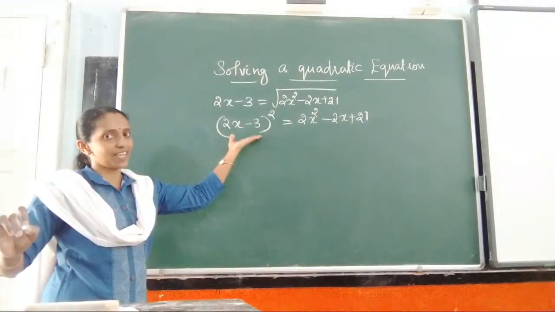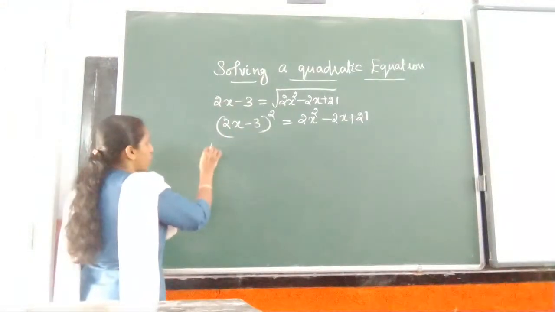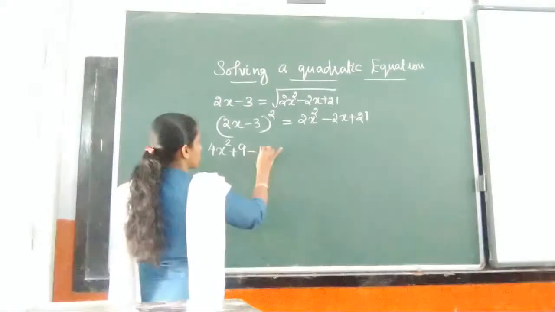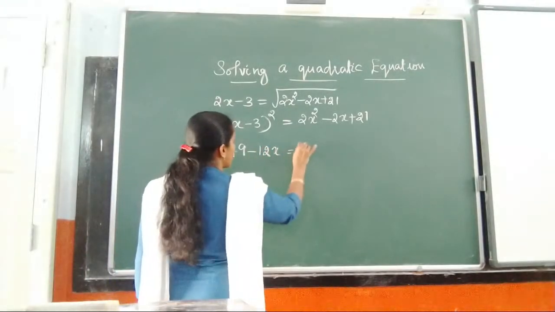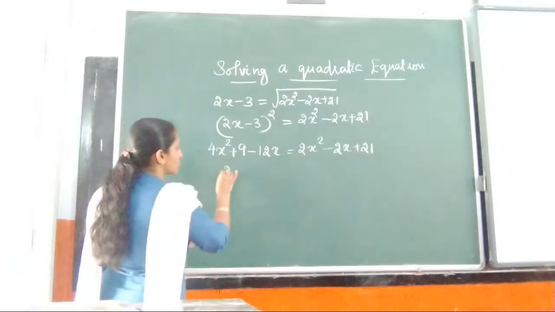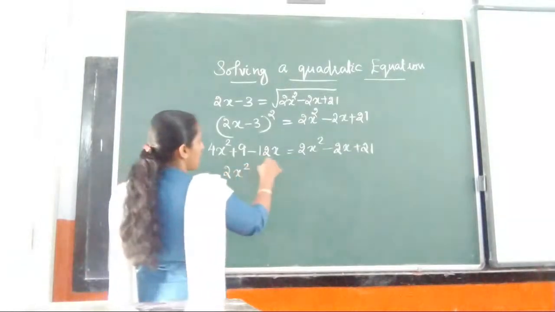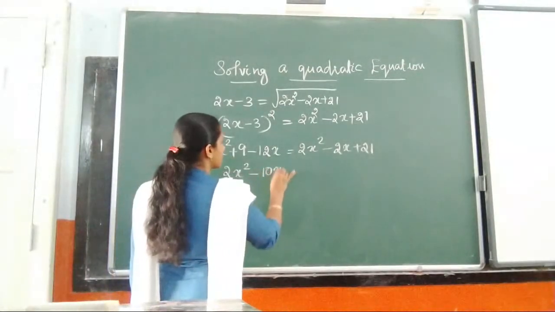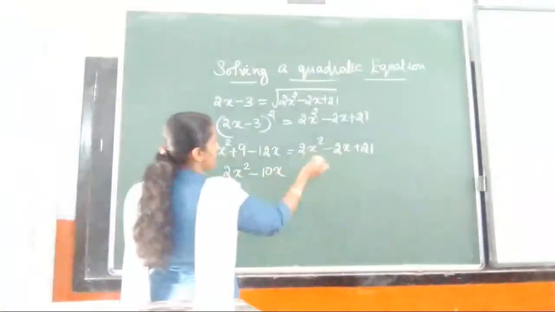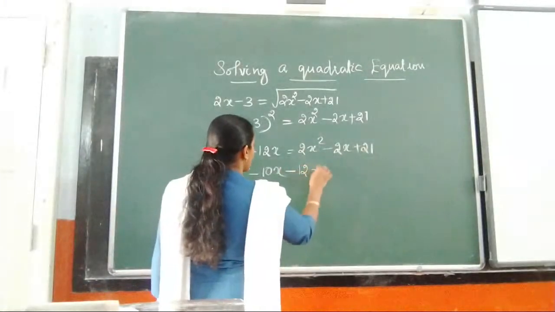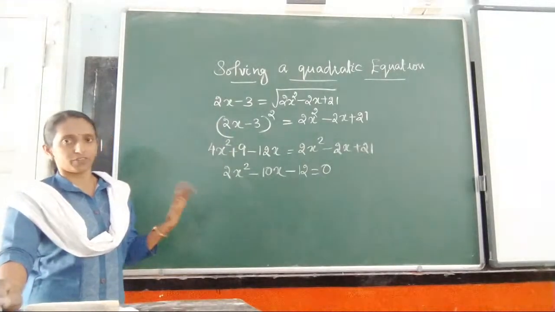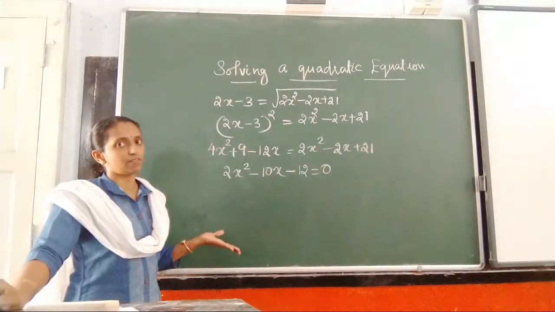So you will get 4x square plus 9 minus 12x is equal to 2x square minus 2x plus 21. Taking all terms to one side: 2x square minus 12x plus 2x, that is minus 10x, plus 9 minus 21, minus 12, equal to 0. Standard form we got. After getting the standard form, the same procedure we will follow.